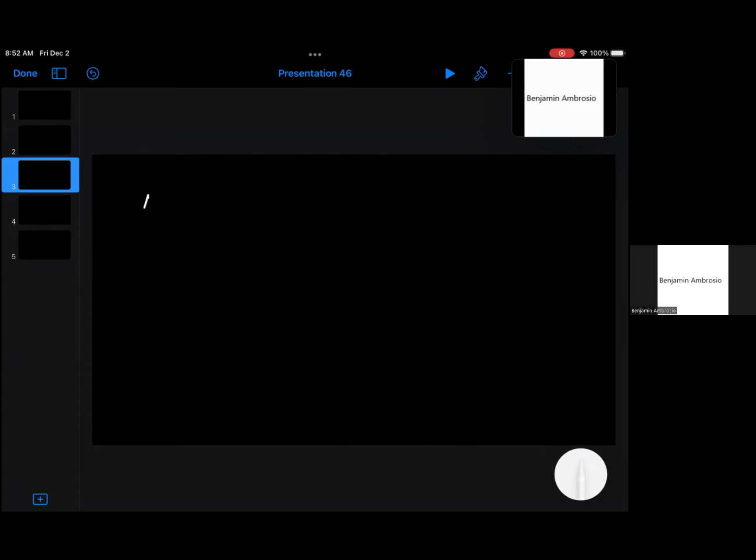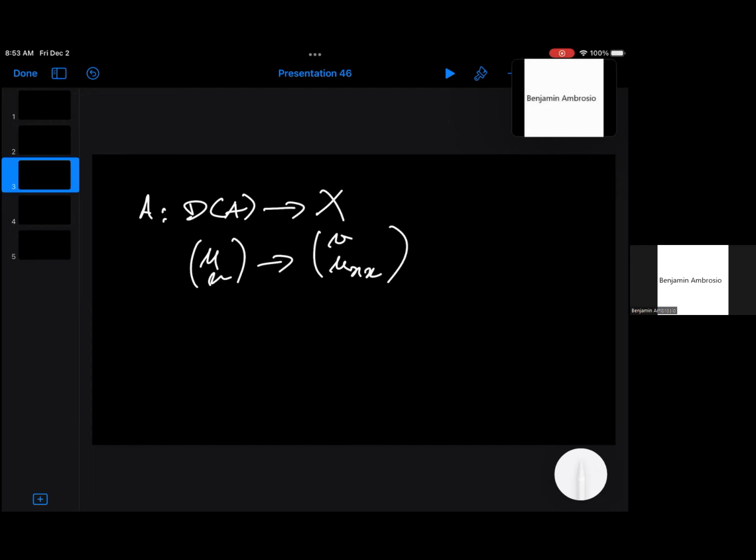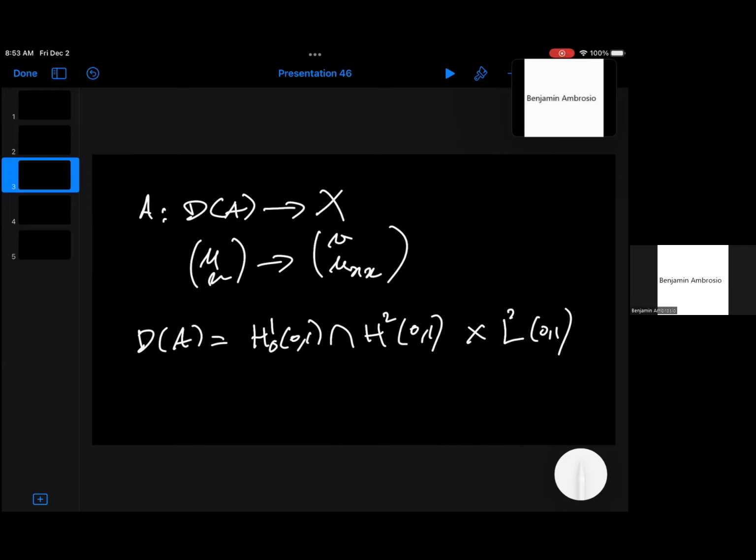So finally, my operator A associates to (u, v) the pair (v, uxx), and its domain D(A) is H1 zero intersected with H2, times, for v, I only need L2. And X is H1 zero times L2.